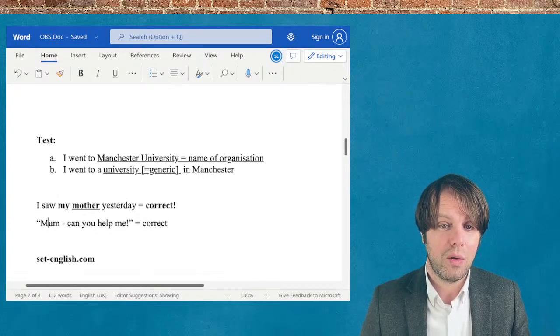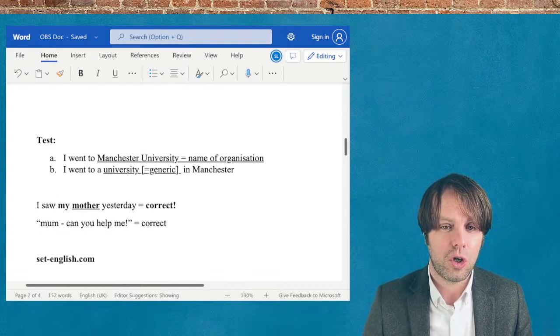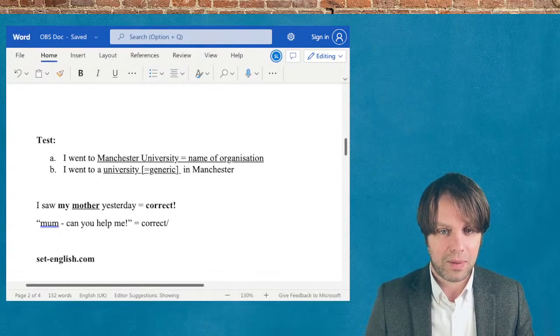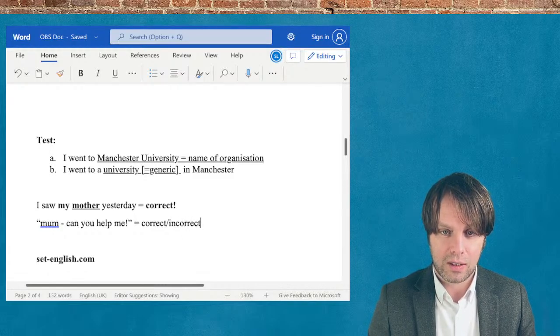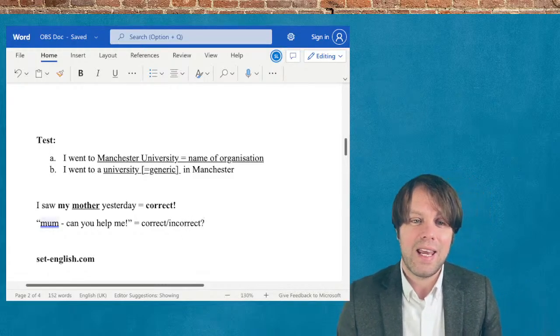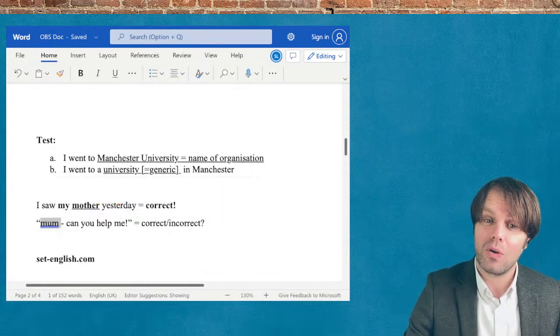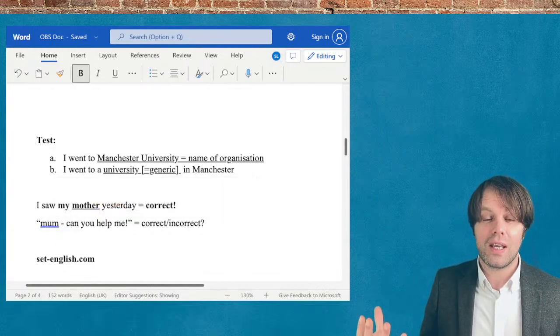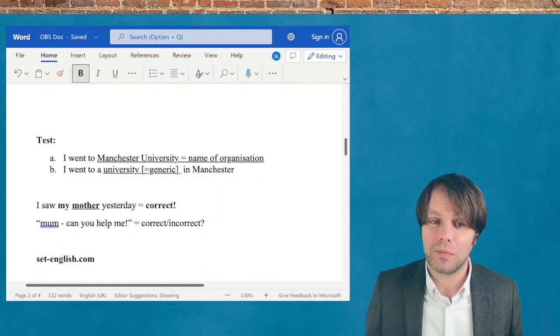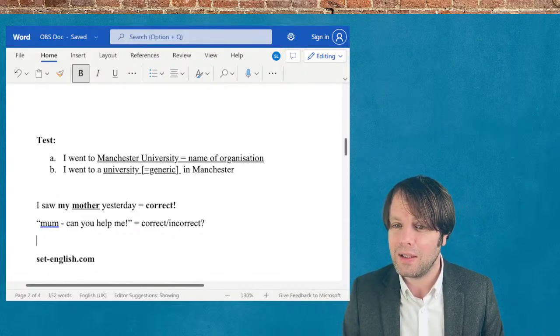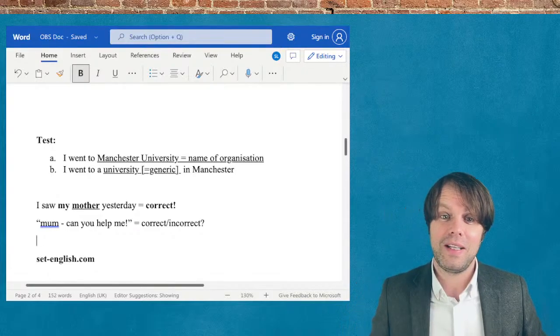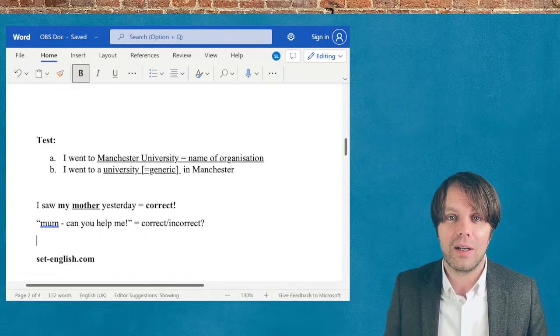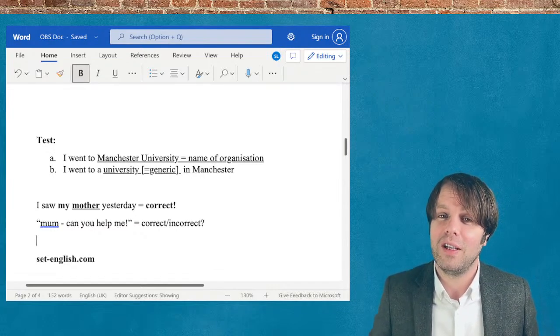Should I have lowercase here, or should I have capital letter? Correct or incorrect? Think about it. Is that a name? Can I replace that with a name or not? That's the question, isn't it? Can I replace the word with a name? Just type in yes or no, guys. Correct or incorrect, okay? Because I'm just about to reveal the answer.